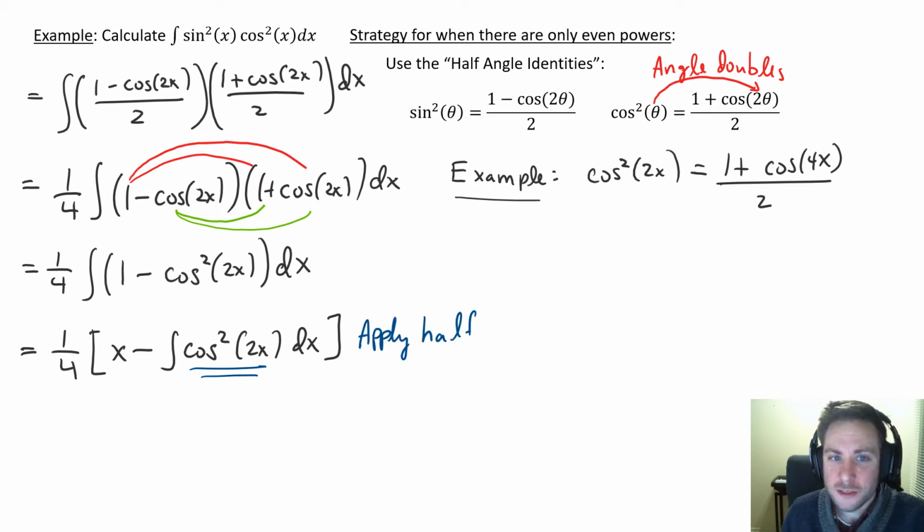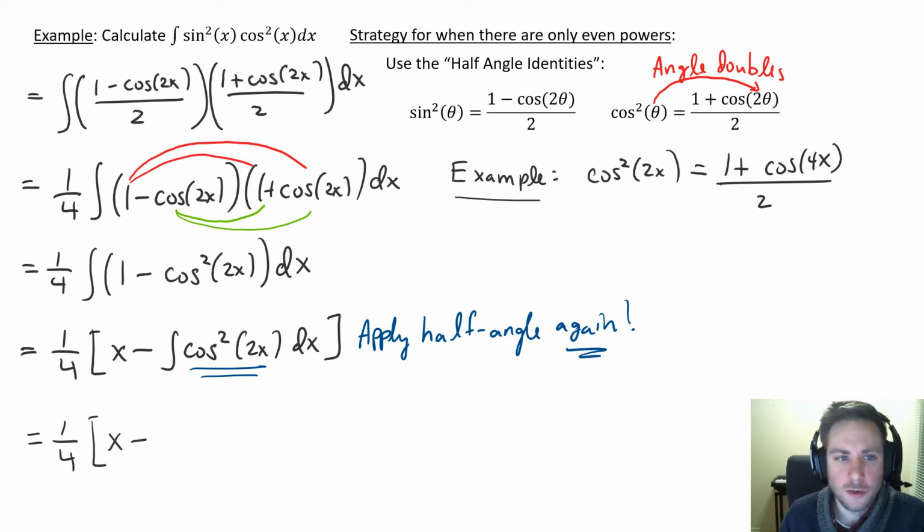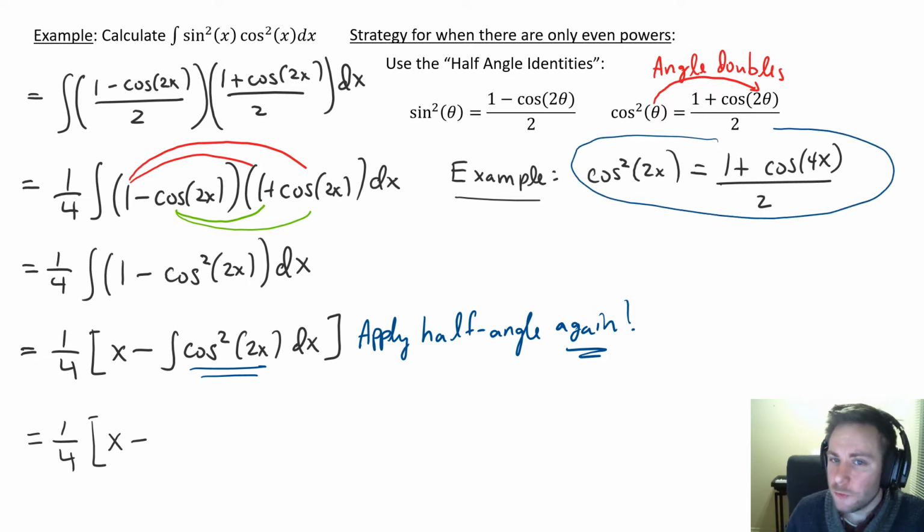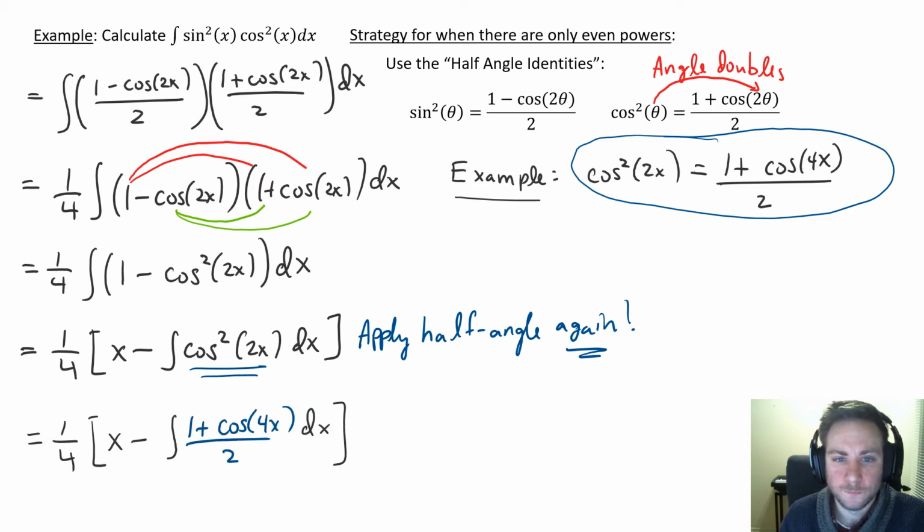So the correct thing to do is to actually apply the half-angle identity again. Pause and see if you're able to apply that identity on your own, and when you're ready, let's check your work. The important thing to notice here is that every time we apply this identity, the angle doubles. So if our angle was 2x, now it becomes 4x. So your integral should look as you see now.